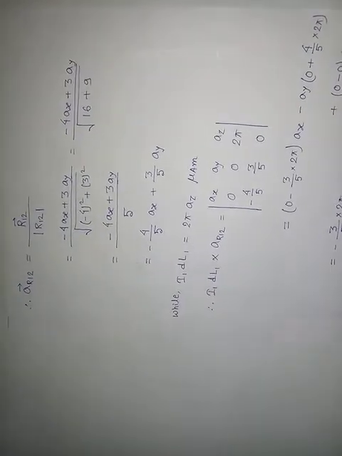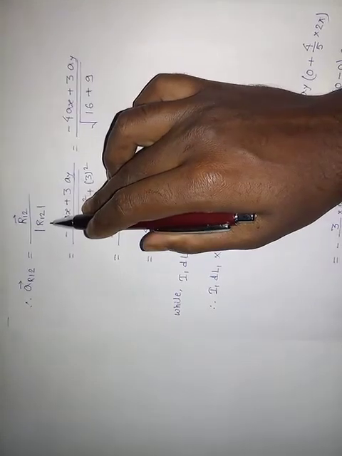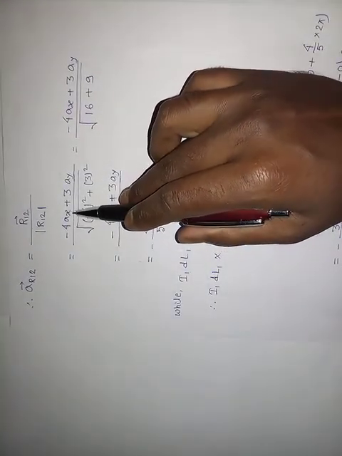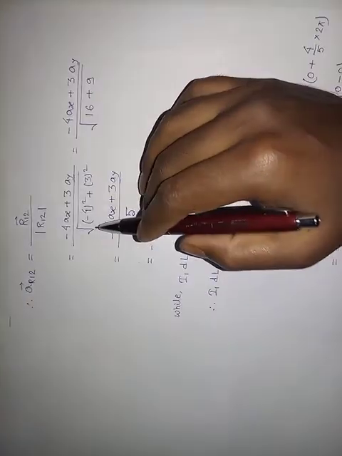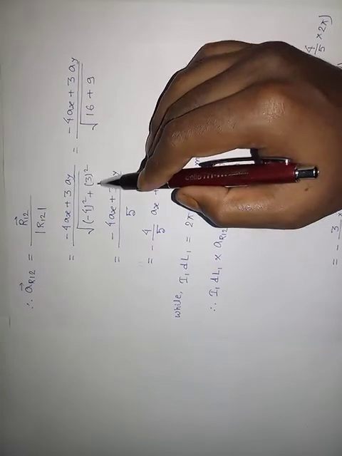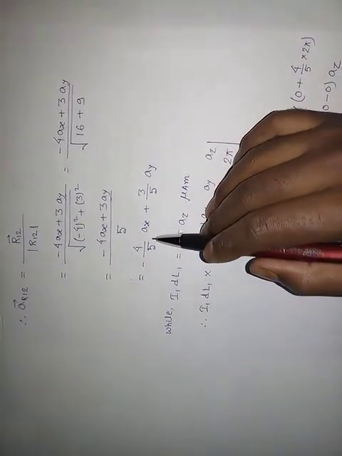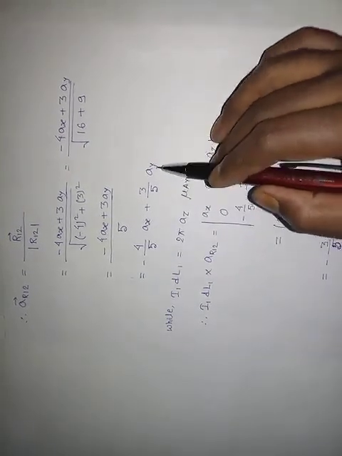Next we are finding our unit vector. The unit vector is vector r divided by modulus of r. So vector r is, as previously found, minus 4 ax plus 3 ay, over root of minus 4 square plus 3 square. So it is 16 plus 9, and our answer is minus 4 by 5 ax plus 3 by 5 ay.